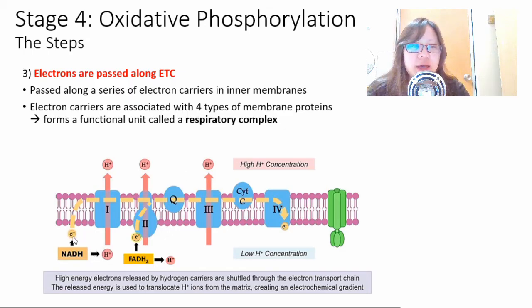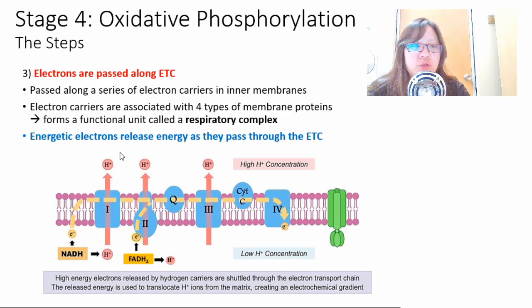As the electrons move from one energy level to another, the energetic electrons release energy as they pass through the electron transport chain. Because their energy levels are very high, they can supply energy to the membrane proteins here. But what do the membrane proteins do?